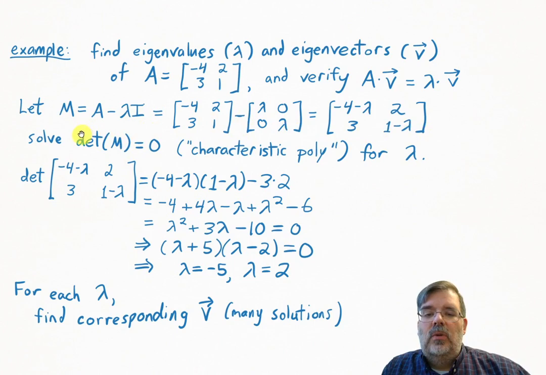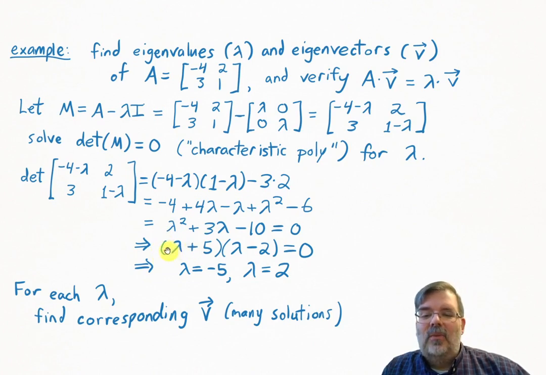We want to calculate the characteristic polynomial, so we find the determinant of this matrix, so negative 4 minus lambda times 1 minus lambda minus 3 times 2. And again, we expand that out and set it equal to 0, and conveniently it factors again.